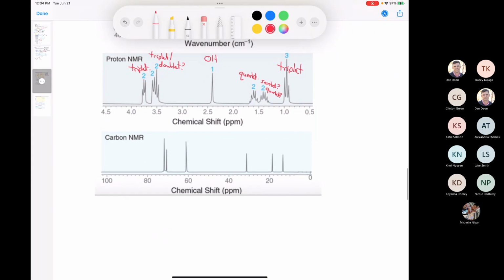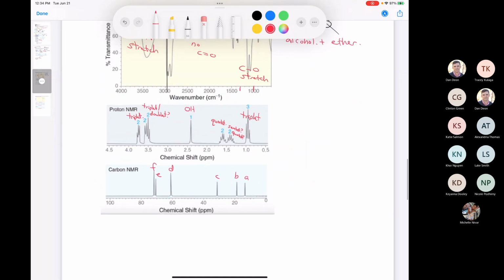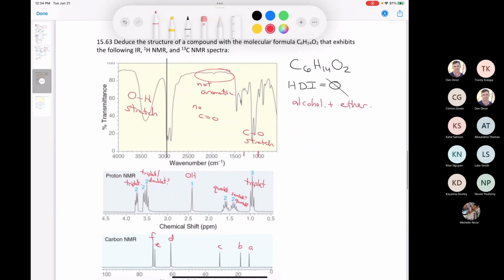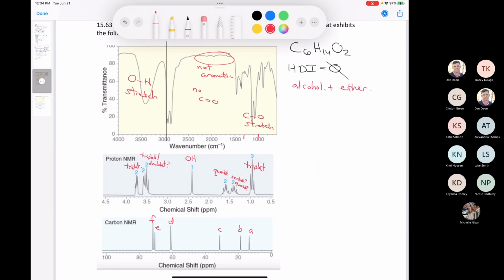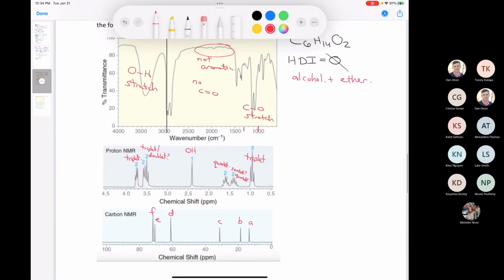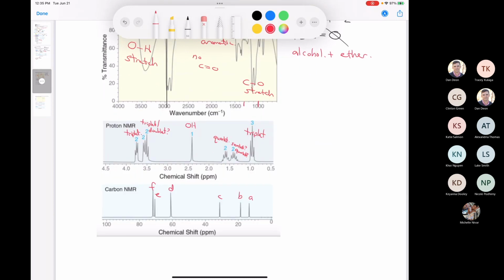In the carbon, we have 1, 2, 3, 4, 5, 6 types of carbons, and we have a total of 6 carbons in the compound. So really, we have nothing more than a bunch of carbons. You can see that in the proton they all have chemical shifts below 4, and in the carbon they all have chemical shifts below 80.